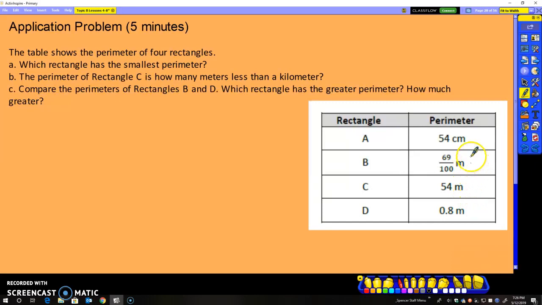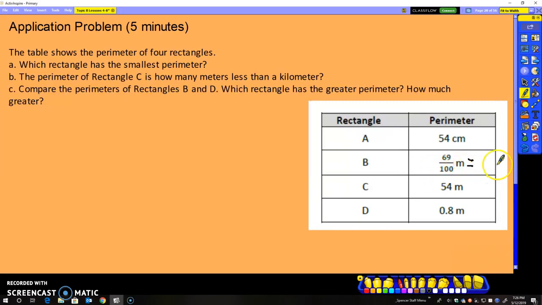Let's take a look at B. 69 hundredths. Ooh, that should be ringing a bell. When I think about a meter, I know that there are 100 centimeters inside that meter. So those represent our hundredths.